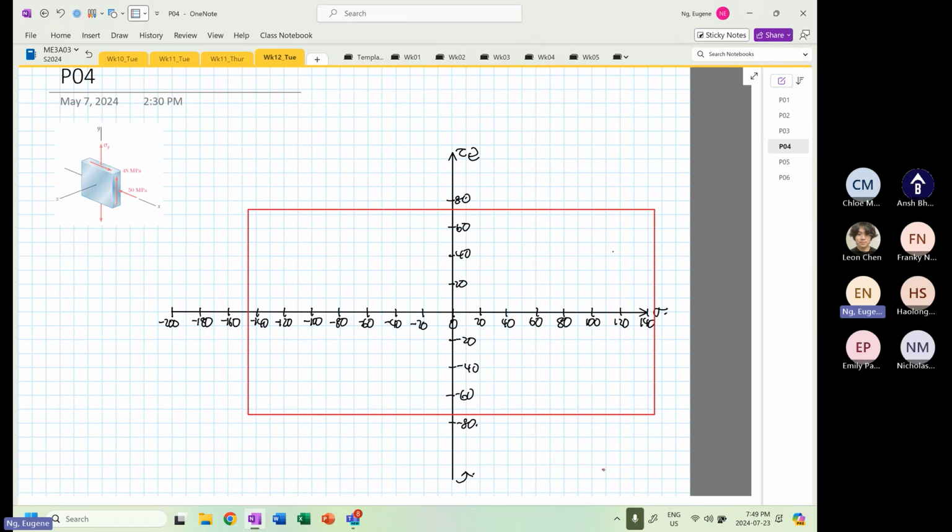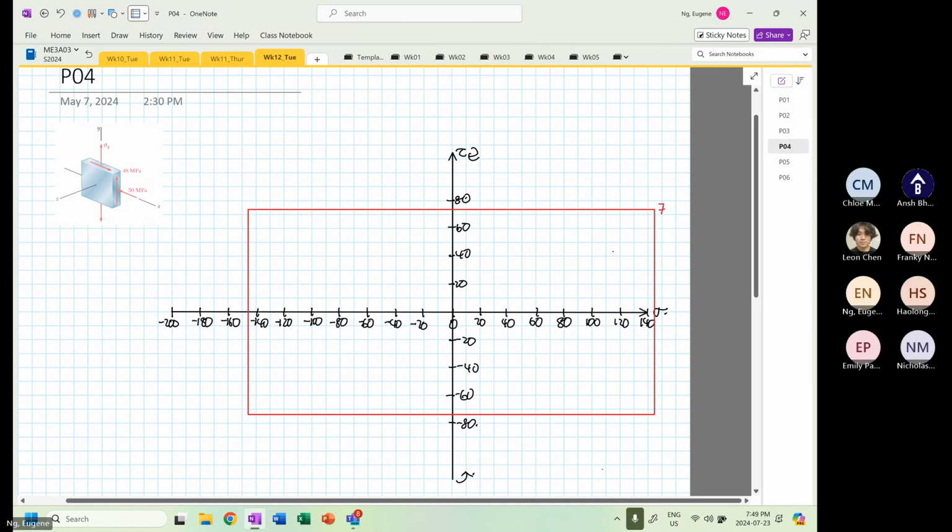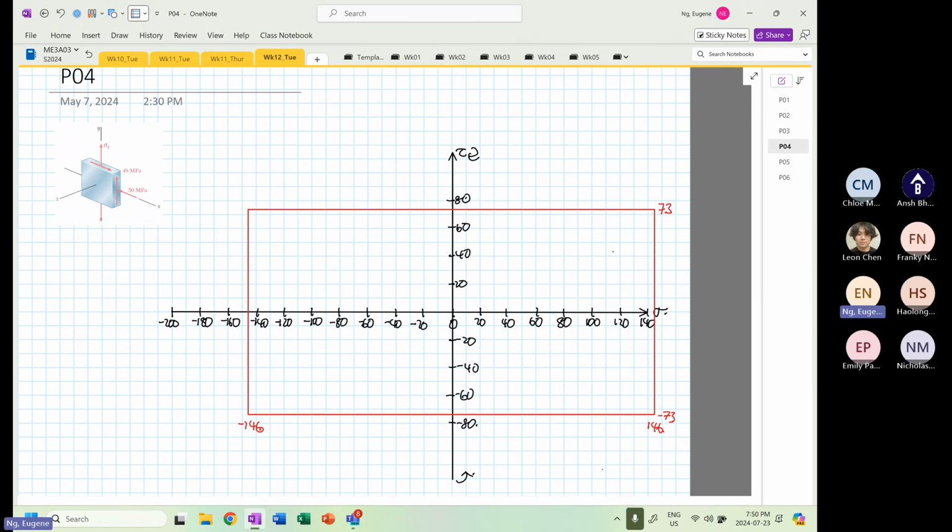So over here we have 73, this is our minus 73, and this is our 146. If the circle is outside, the structure will fail. It all has to be within the red box.